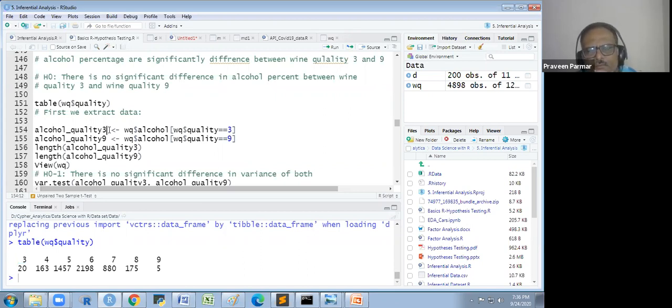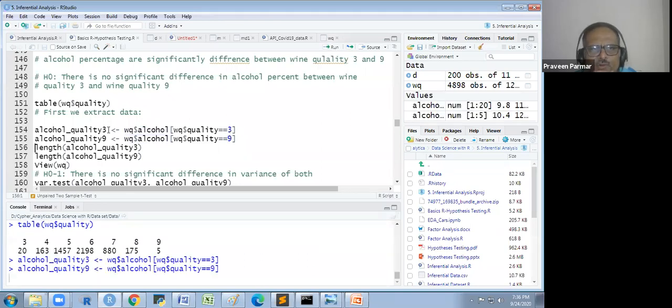So I am taking independent vectors for quality 3 and quality 9, alcohol quality 3 and alcohol quality 9. I am taking the alcohol values for 3 and for 9 separately. I will show you. First I run this and show you wine quality 3. There are 20 observations.